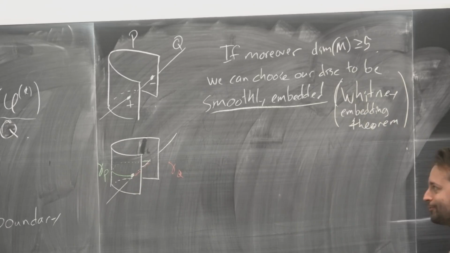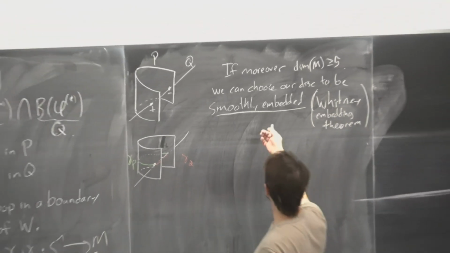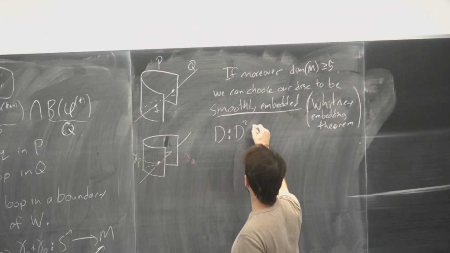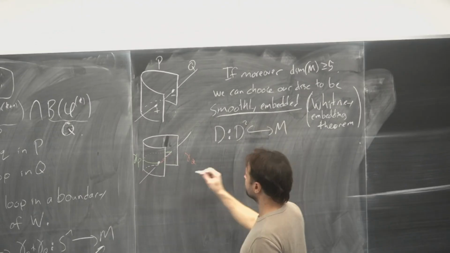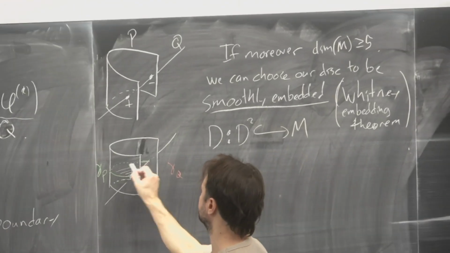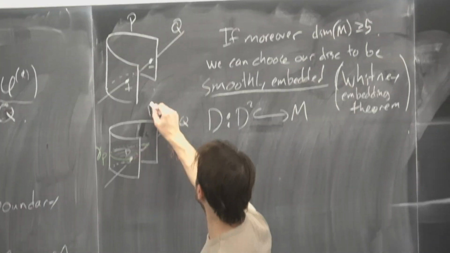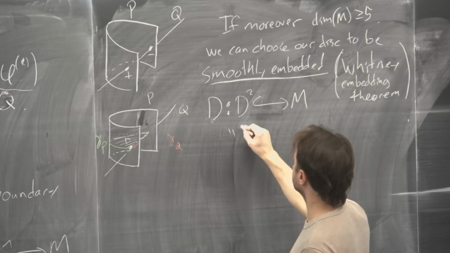So we can choose this to be smoothly embedded. So let's say D smoothly embeds D2 into the boundary. So here's our D, spanning Q and P. So this gets the name Whitney disk.